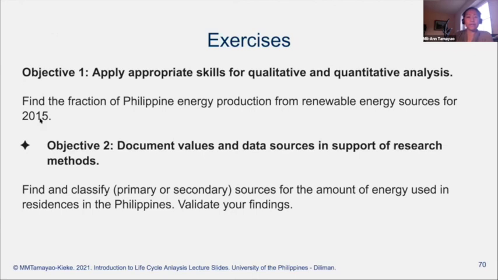And then objective number 2, document values and data sources in support of research methods. So the task is find and classify sources, whether they be primary or secondary, for the amount of energy used in residences in the Philippines. Validate your findings. Okay, so that's for objective 2.